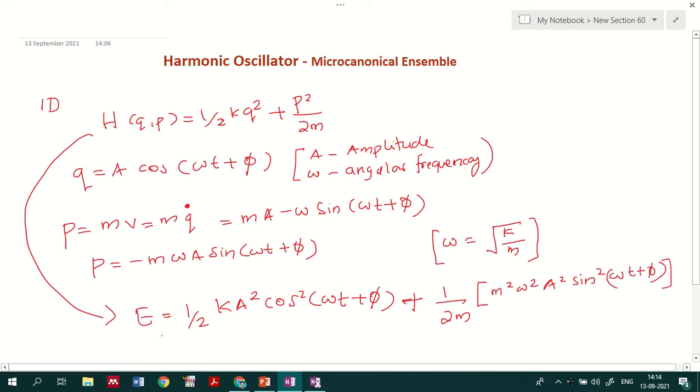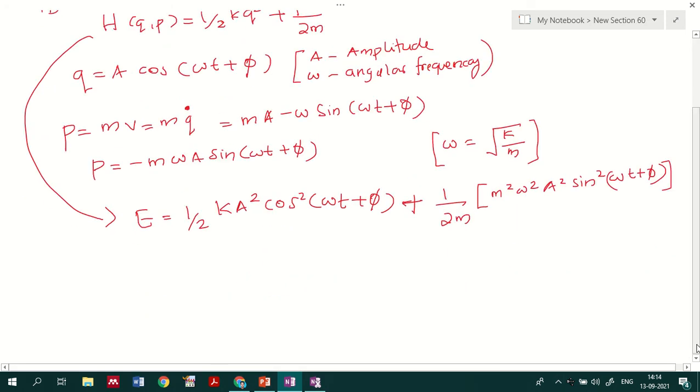This is how the energy term looks after substituting p and q.